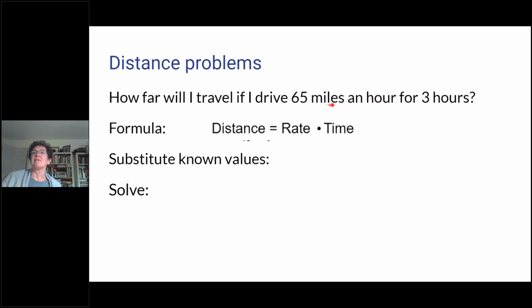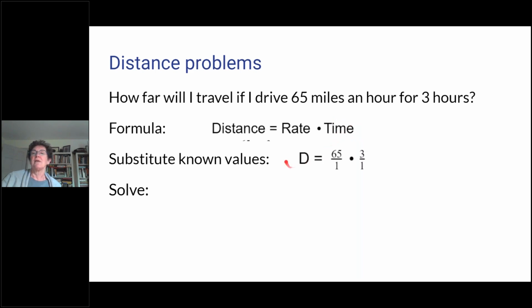That means I'm going 65 miles in every hour. So for 1 hour, that's a rate. 65 over 1 is how I'm going to write that as a fraction. And then my time is 3 hours. So in place of the time, I'm going to substitute in 3.